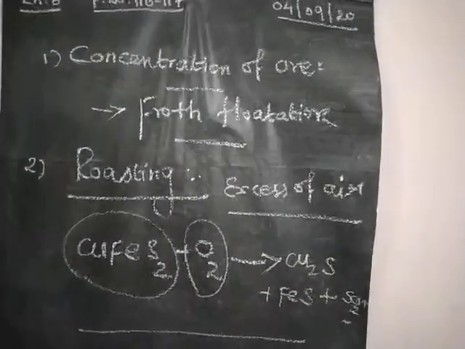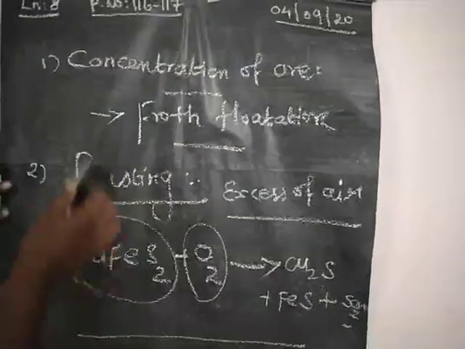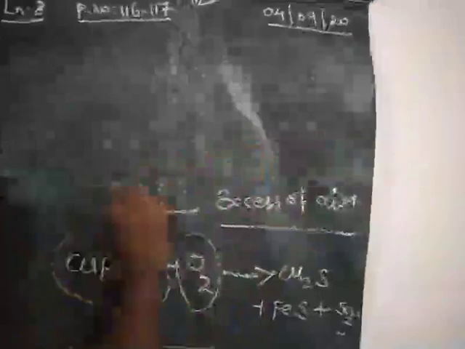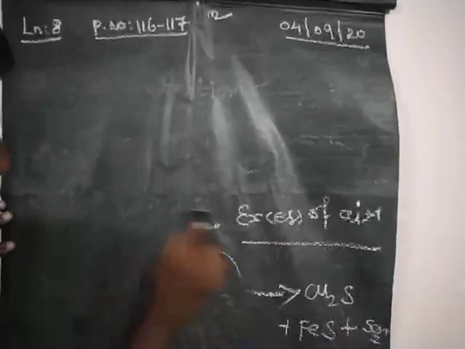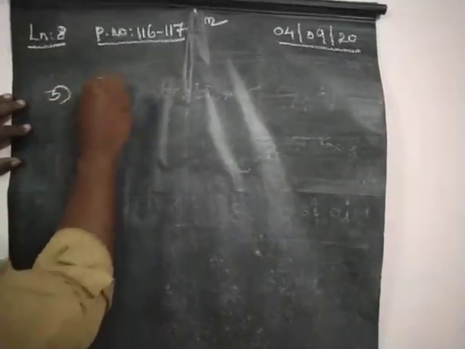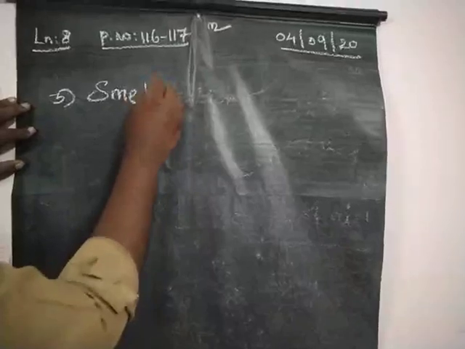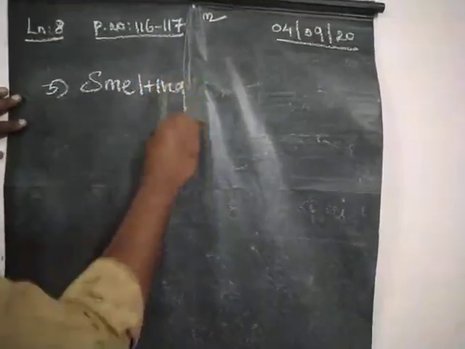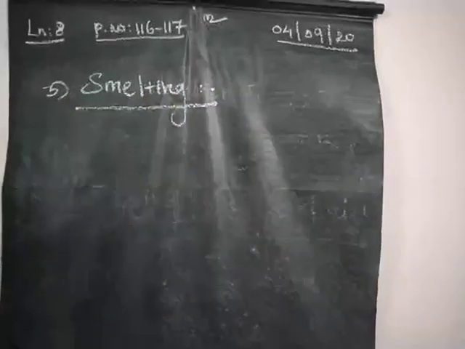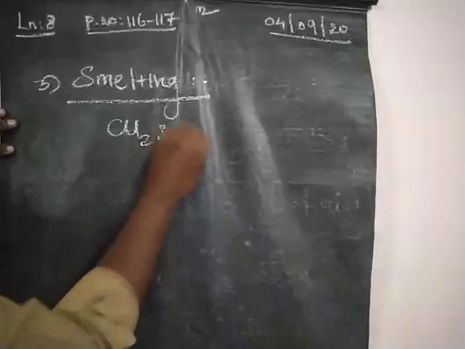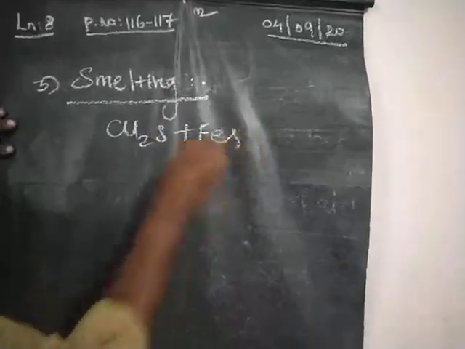Next, the third process, smelting. In the second process we obtained Cu2S plus FeS.